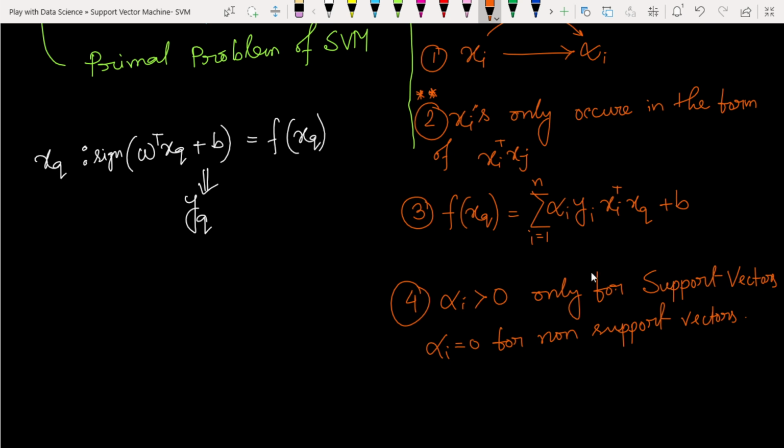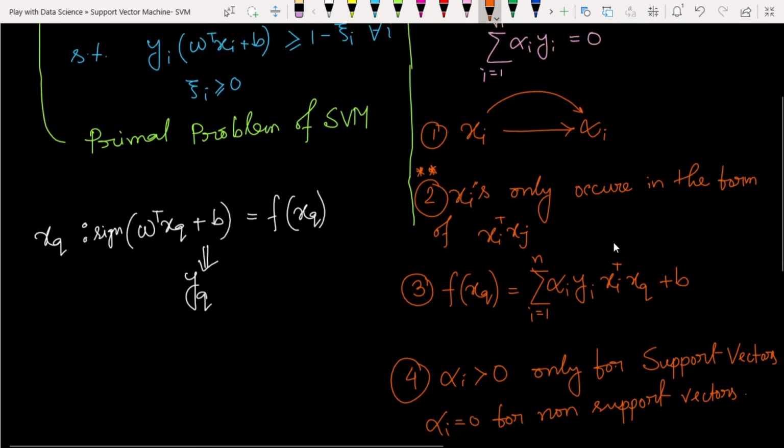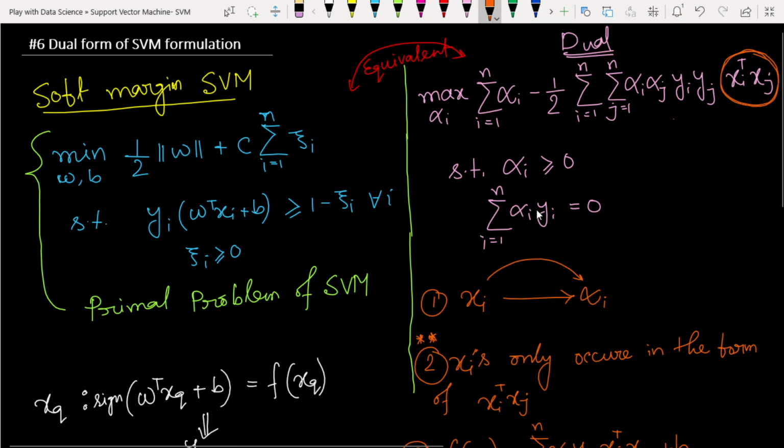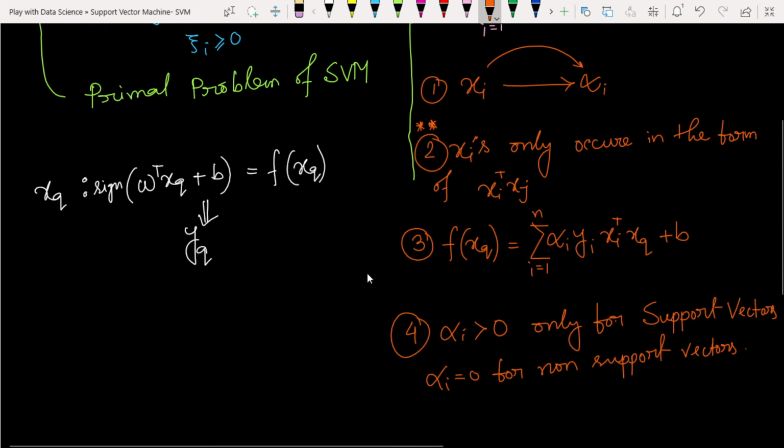So this dual problem is very important, because we only care about our support vectors. For this reason, this technique is called the support vector machine.